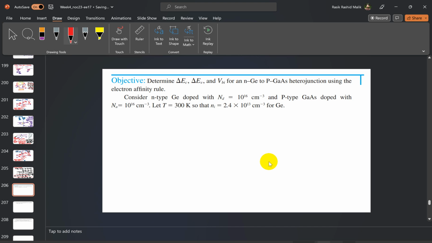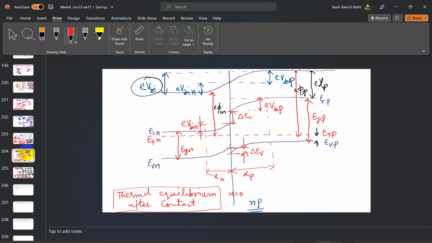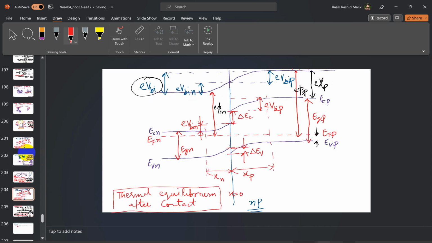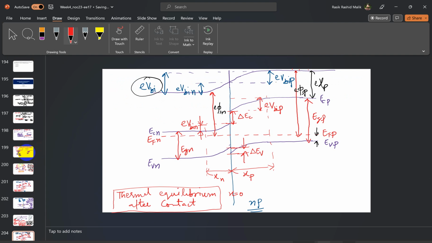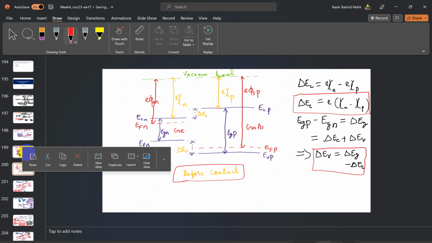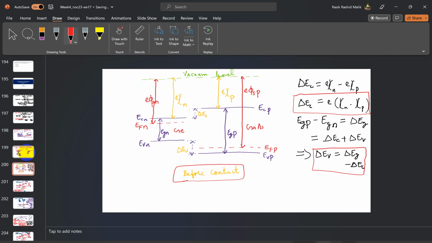So let's start calculating. From the previous calculations, we know that we have to calculate delta EC first. If I look into the band diagram again, or let me go to the previous slide again. So here we have calculated delta EC.